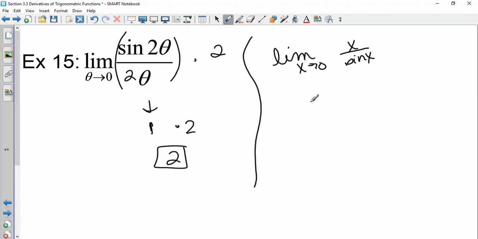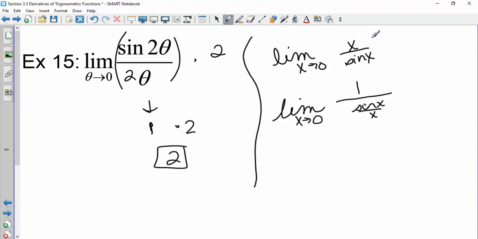Let's see. So, a reciprocal, wouldn't this be the same as 1 over sine x over x? If I flip and multiply, it gives me back x over sine x.